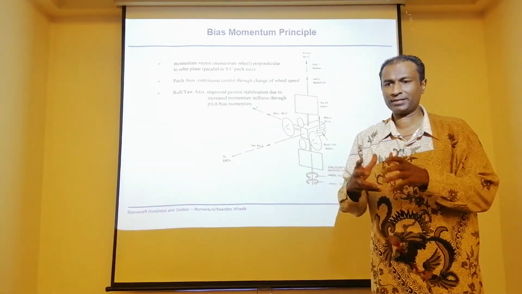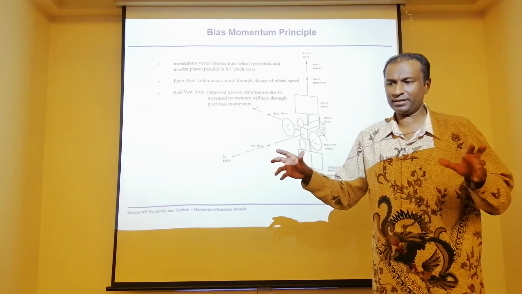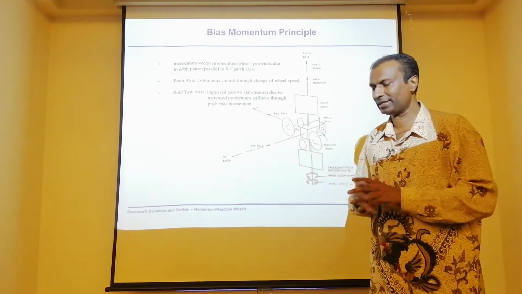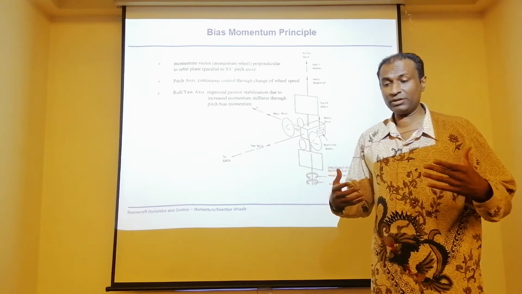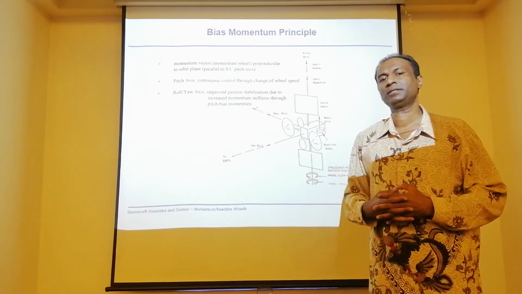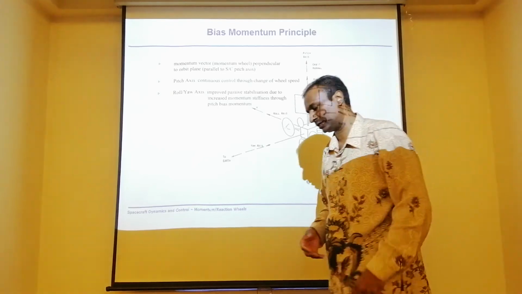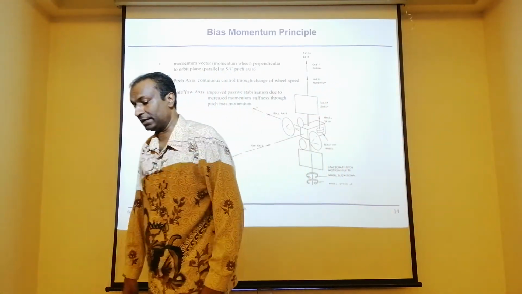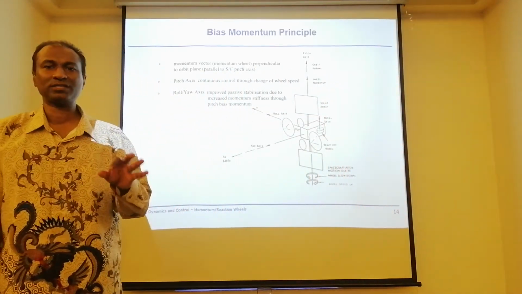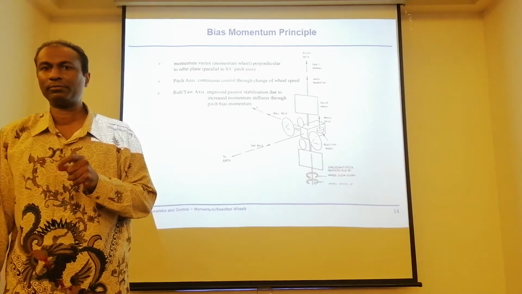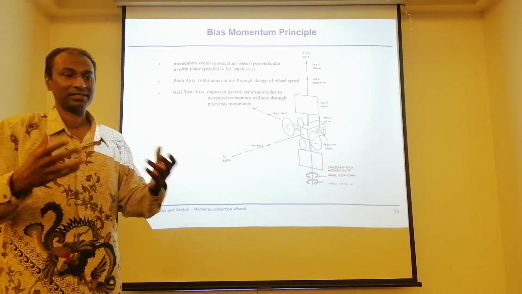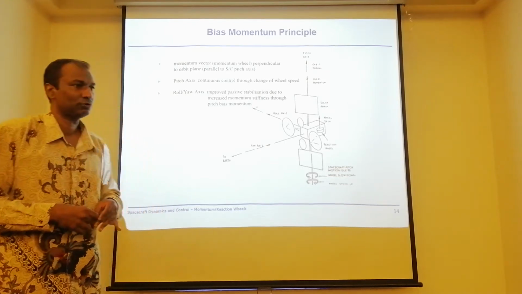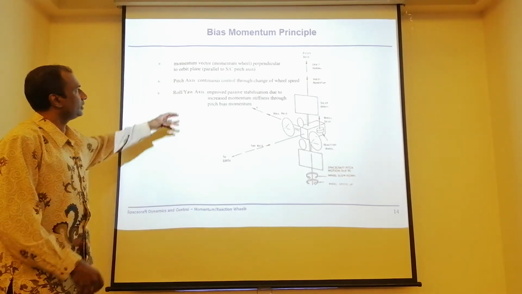If you have a bias momentum principle, with the momentum wheels and in fact with the magnetotorquers, you can achieve quite a reasonable pointing accuracy. In fact, the first Malaysian satellite, Tiungsat, that you probably remember, actually had this principle. So it's quite interesting for you to know that, so we can discuss this.